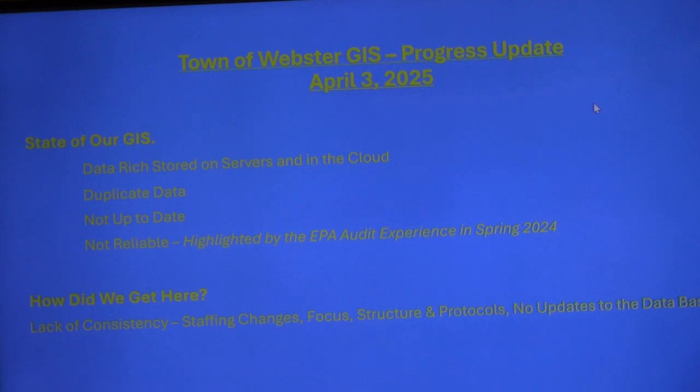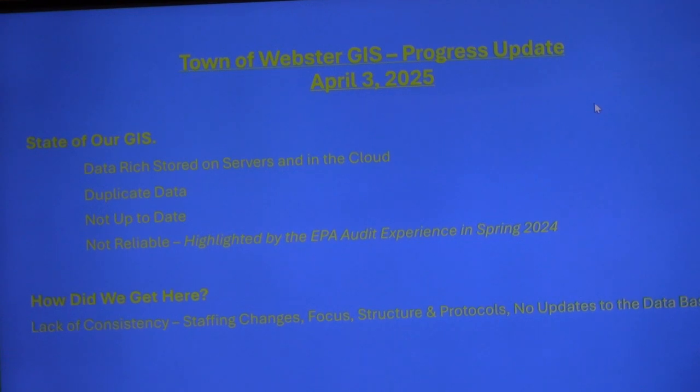So how did we get here? Well, I think the simplest way I can frame it is just a lack of consistency. We've had several staffing changes. There have been priorities and changes in focus. We've not maybe been consistent with updating as we should have been.